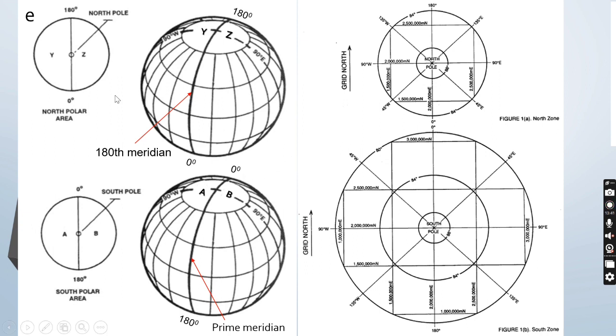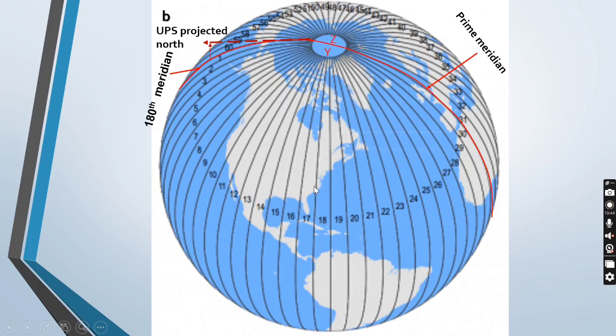See, now firstly, if you see this one, in this polar region, what happened? This is the prime meridian and this is the 180th meridian. Actually, these are connected, but as I told, when you face north, east will be on your right hand side, but when you face towards south, east will be on your left hand side. Similarly, if you are standing exactly at the northern pole, what will happen?